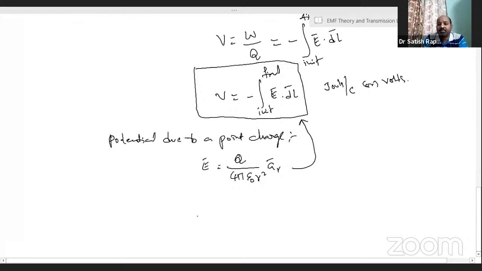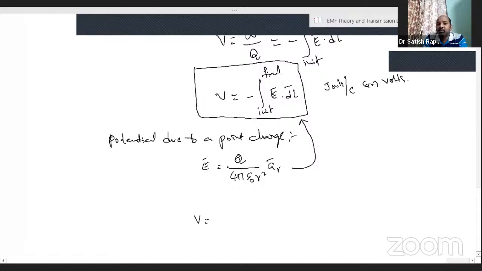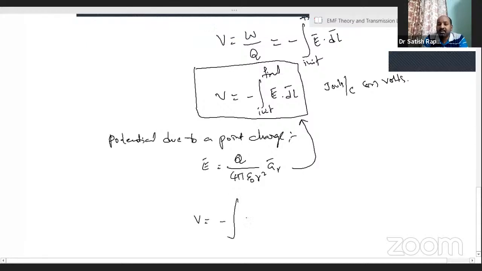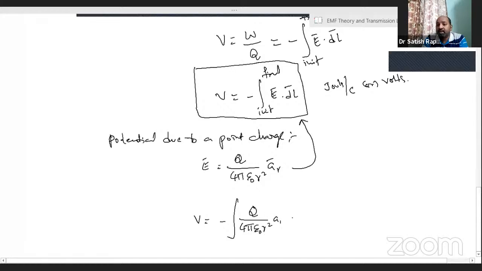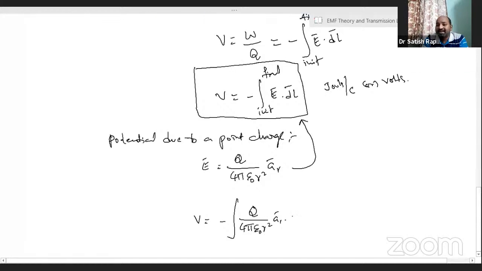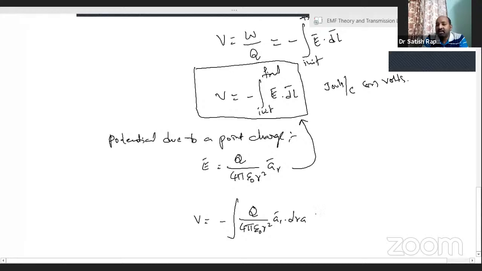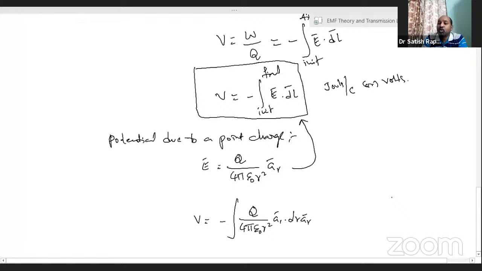That's it. So V is equal to minus integral E, which is Q by 4 pi epsilon naught R square AR bar, dot DL. Here DL is dr AR bar along the radial component.